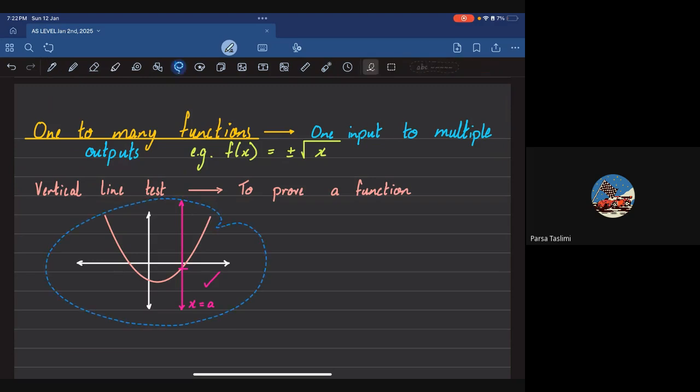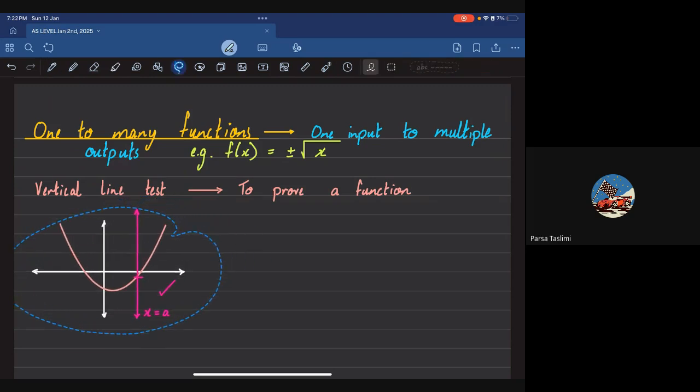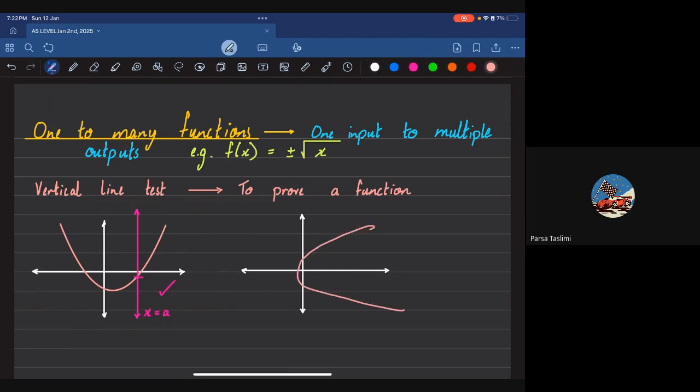But for example, what would classify as not a function? Okay, let's say that this will not classify as a function, which I'm about to draw. Something like this. This will not classify as a function. Why?